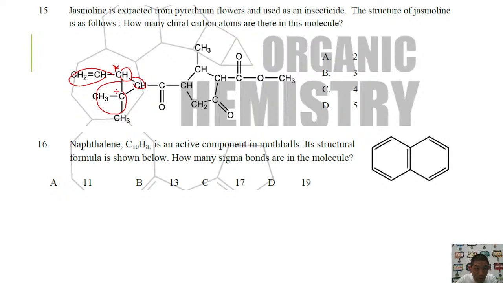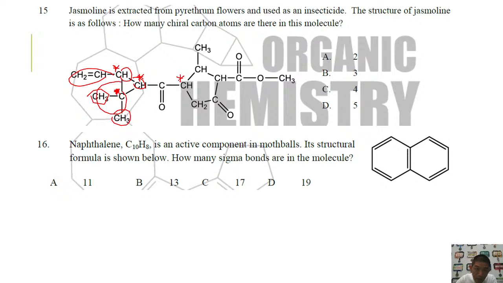Okay, this one also is a chiral carbon atom. Sorry, this one is not, because it is surrounded by 2 CH3. When you are surrounded by 2 CH3, it is not a chiral carbon atom. And then this one is a chiral carbon atom, because it is surrounded by 4 different carbons. So there are 2. And then this one is surrounded by 4 different groups. We consider this one as a different group.